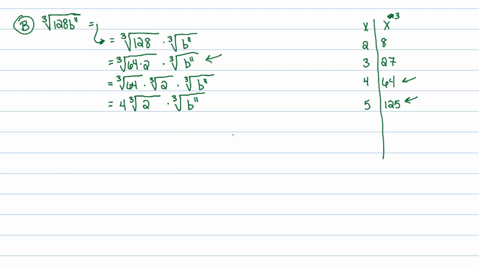Now let me just show you how a textbook usually handles that third root of b to the 11th, and then I'll show you how I handle it. The third root of b to the 11th via a textbook looks like this: the cube root of b cubed times b cubed times b cubed times b squared.